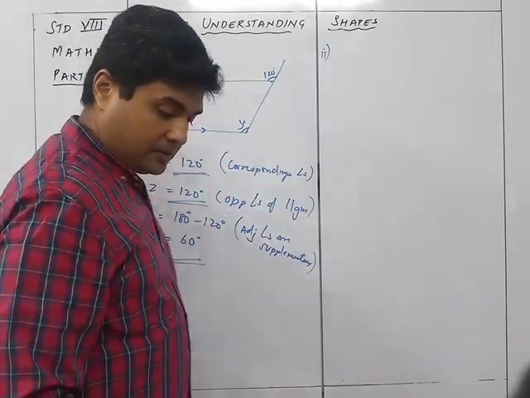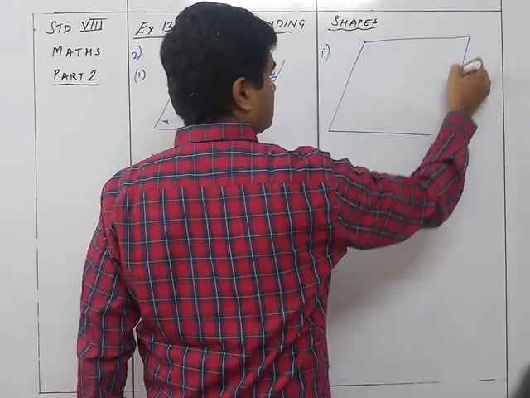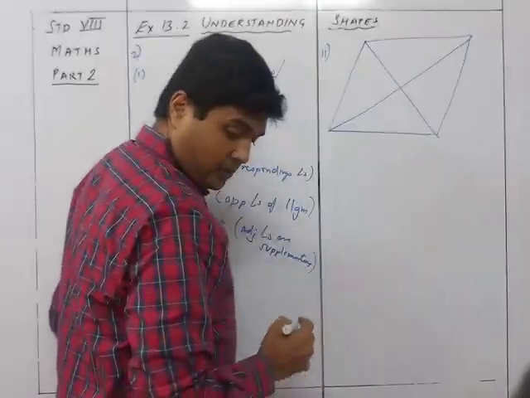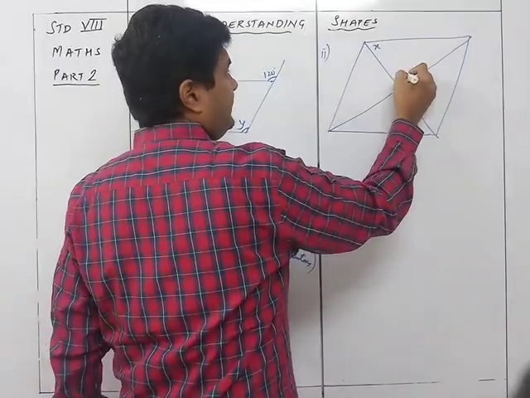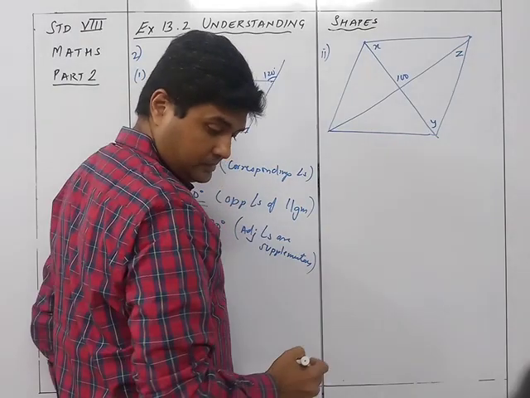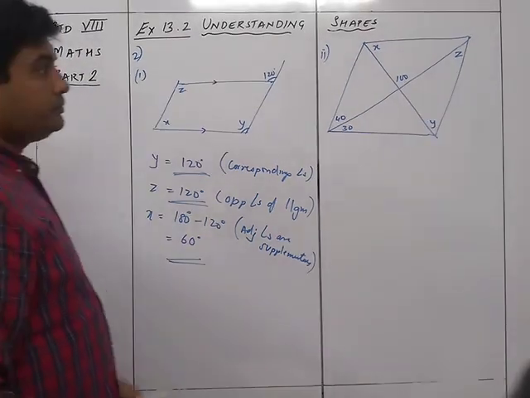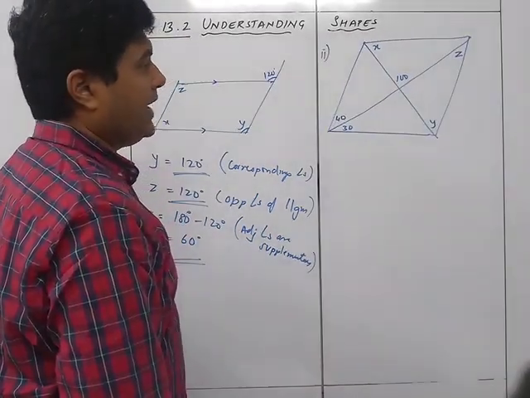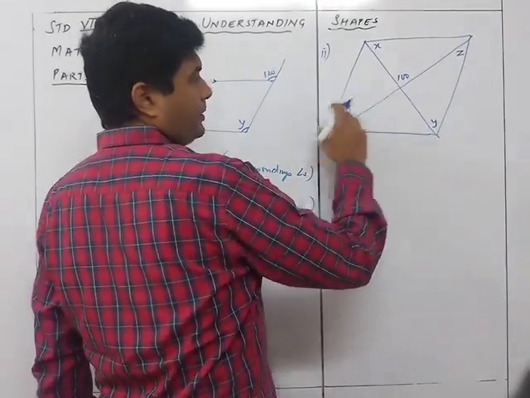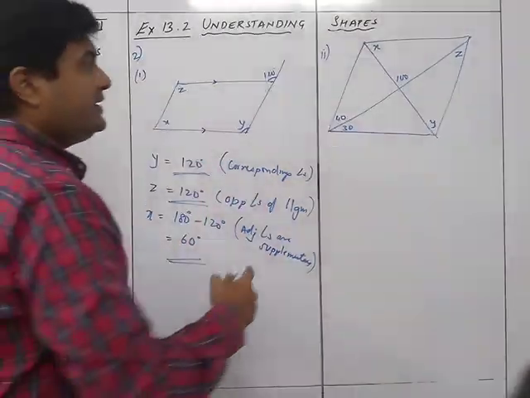You see the next one? Okay. What we have is an x here, 100 here, z over here, y over here, 40 and 30. So this is what we are having here. Now, what we can see is over here, these are parallel lines.